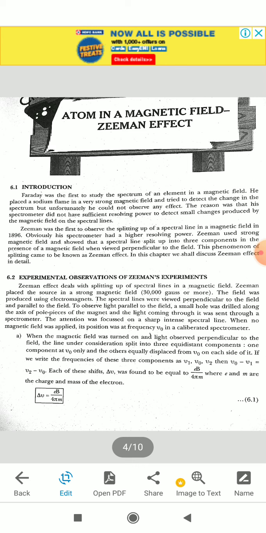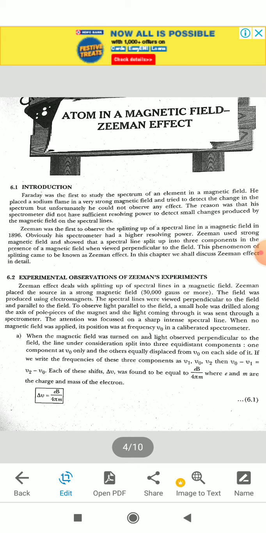This magnetic field is produced using electromagnets, by current passing through a coil, and the spectral lines are observed in two views, perpendicular to the magnetic field and parallel to the magnetic field.